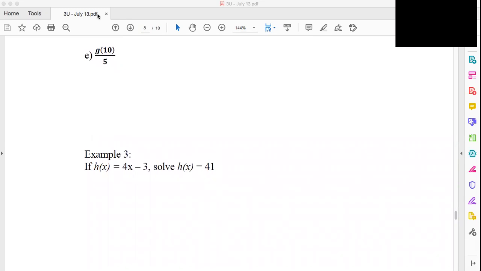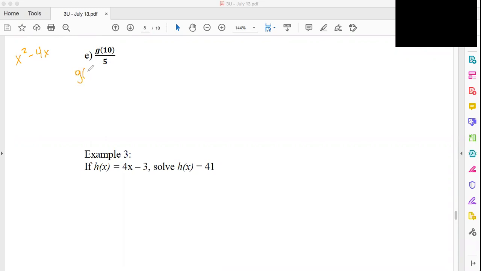Okay, our original equation, I'm going to write it on the side here just so I don't forget. So it's x squared minus 4x. So we're going to do the same thing here as we just did. So we're going to do g of 10 and then divide that answer by 5.